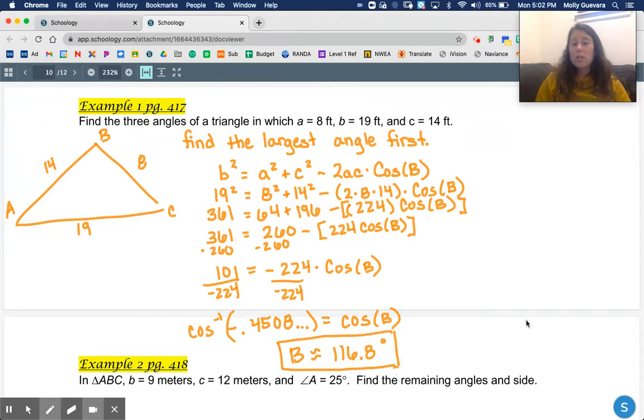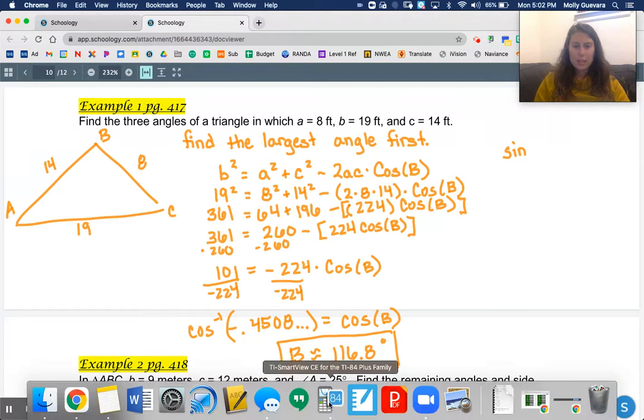So I used the law of cosines to find B. Now that I know B, I can use the law of sines to find A or C, right? So let's do A. Let me show you what I did here.